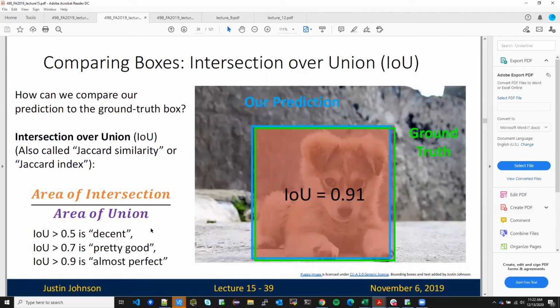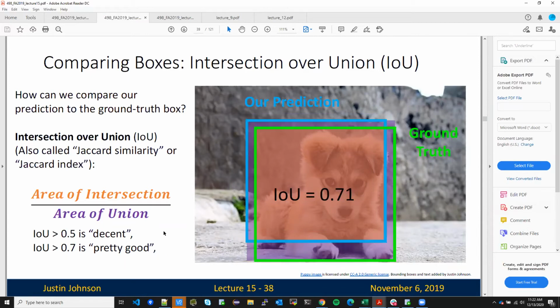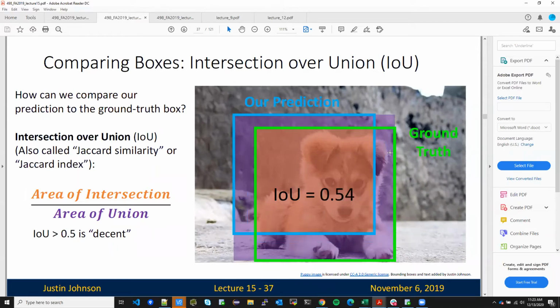That area of union is kind of weirdly marked, though, right? In the previous image, doesn't the purple cross over the top right corner and the bottom right corner? Those shouldn't be there. Yeah, probably he has a typo. It should just be the individual box areas minus the intersection.